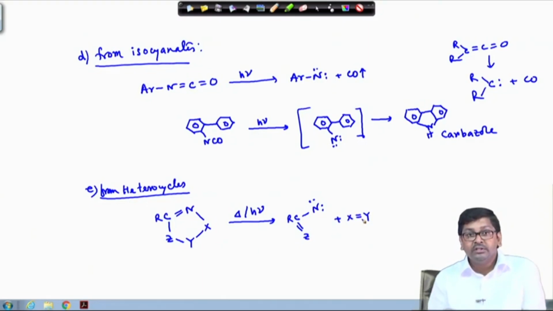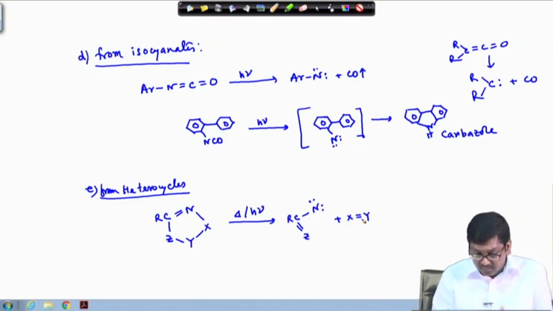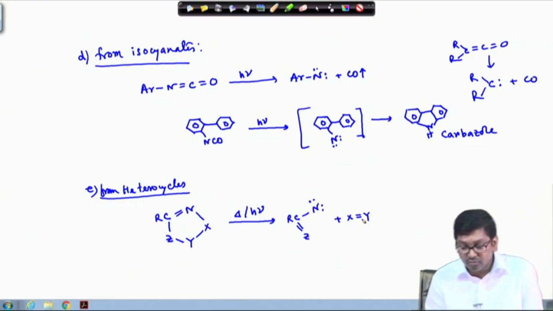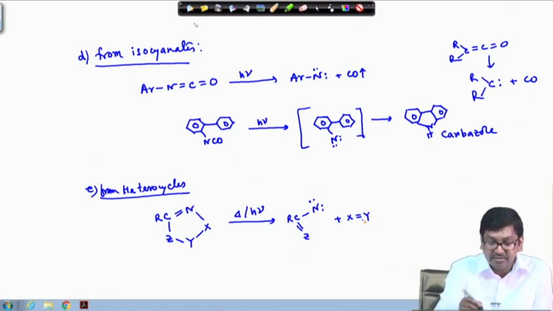So, this is the way that from heterocycles also we can generate the required nitrene species.